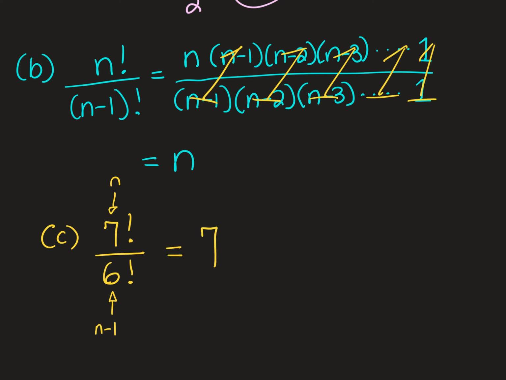So n is just any number we want it to be. In this situation, I want n to be 7. So if I take 7 and subtract 1 from it, I get 6. So it fits this pattern that we talked about up above. It's part of this same kind of approach. And this whole thing simplifies to just be n, whatever's in the numerator. So it's an easy way to simplify that without having to go through all of the giant ones.